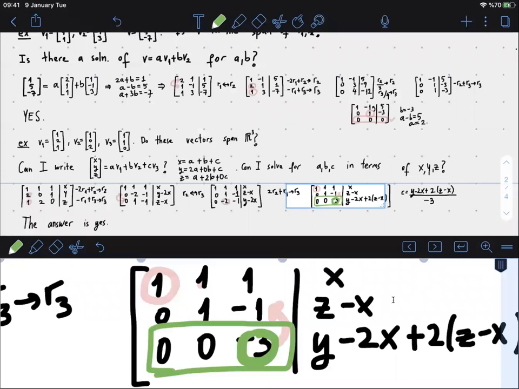So the left-hand side is 0, and the right-hand side can be non-zero. In that case, that system is not consistent. But here we don't have that. This is not 0, this is -3. Since it is -3, I can always divide by -3 to find c. Does this make sense?